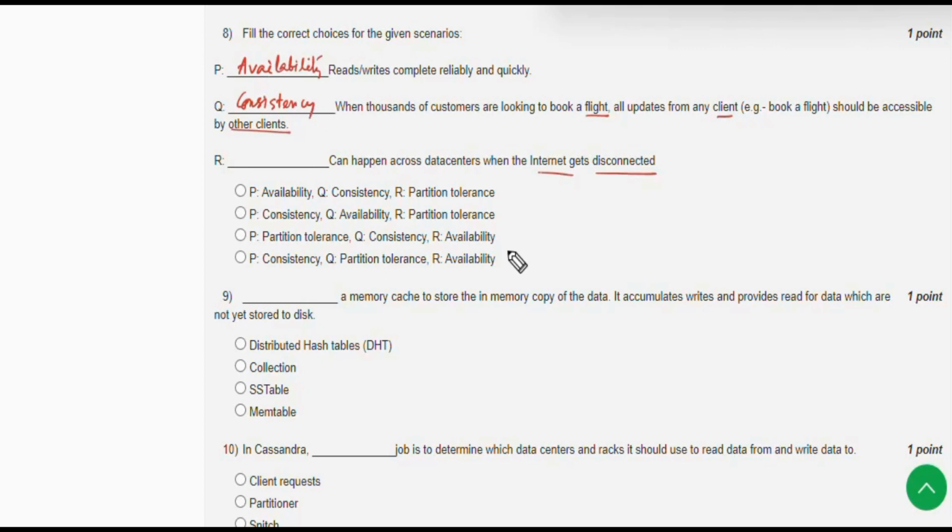And consistency: when thousands of customers are looking to book a flight, all updates from any client that is book a flight should be accessible by other clients. That is consistency.